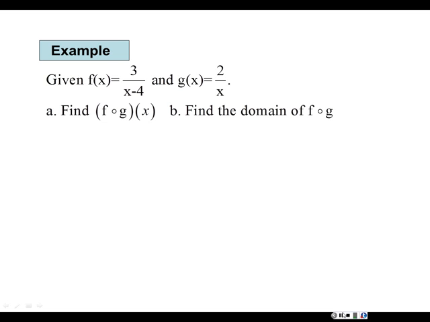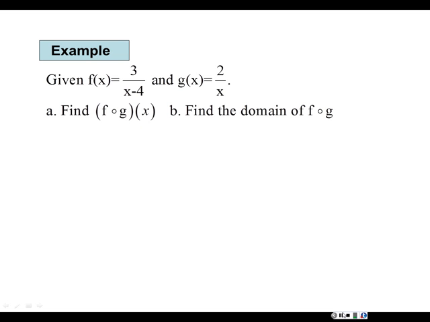So 2 points. Let me erase that. One is half and one is 0. These 2 points are to be excluded from the domain of f of g, so that we don't have any division by 0. Now can you write the domain after this exclusion? We are excluding 0 and we are excluding half. So how do you write?